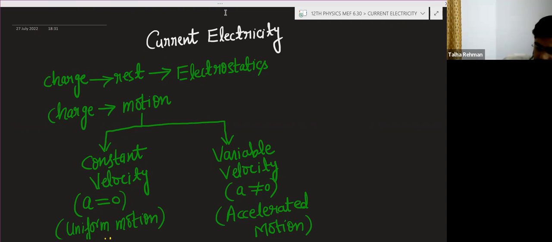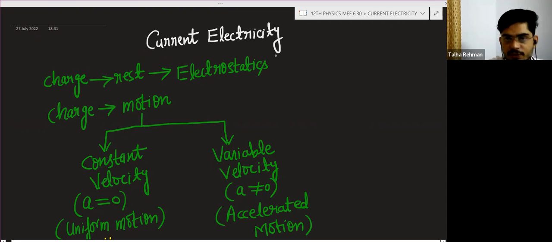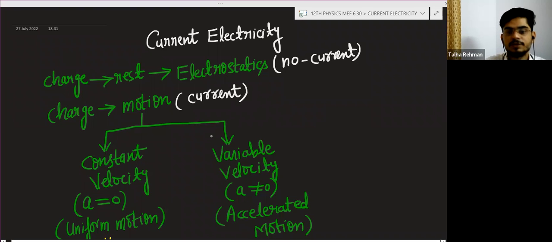And remember one thing: when charge is at rest, no current is generated. When the charge is in motion, current is generated.